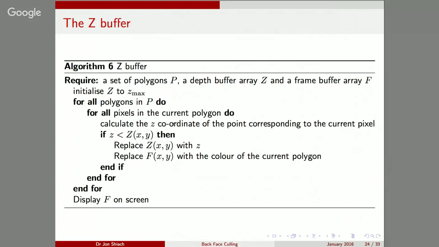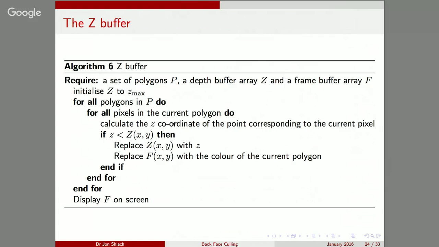For all pixels in the current polygon, you calculate the Z coordinate of that pixel. How far away is that pixel from the screen? In other words, how far away is that surface at that point from the screen? If that value is less than the one currently stored in the Z buffer, you replace it. You found a closer one, and you always look for the closer one.